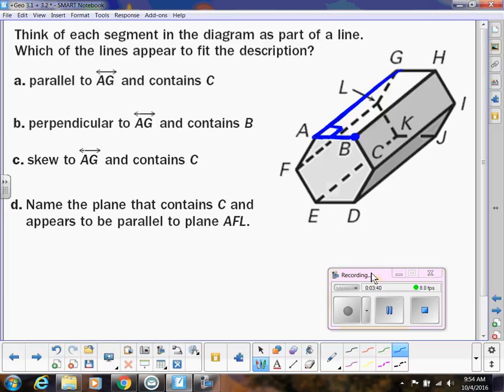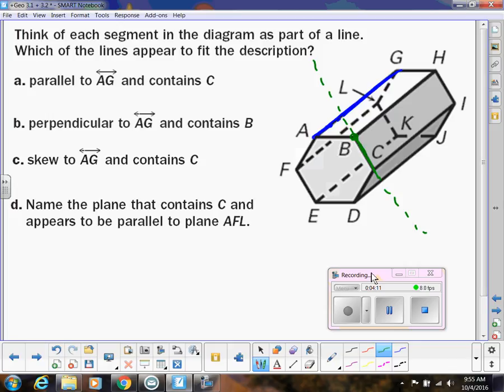Well, we'll leave it at that. What I really want to worry about now is skew. Skew to AG and contains C. Skew would mean that they are not coplanar. So here's AG still, and it contains C. But if I were to extend this green line, you see how this kind of looks like highways.